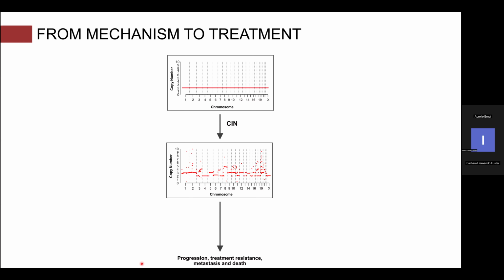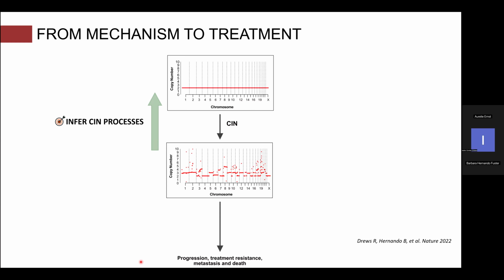So today, I'm going to present 3 different stories around the same main goal. In the first part of my talk, I will present how we can infer the mutational processes driving chromosomal instability and how we can use these processes to understand the etiology behind those complex tumors.